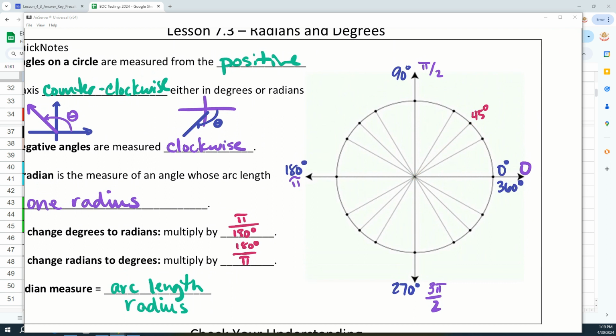So what is that going to be in radians? Halfway to half a pi. A quarter pi. So half of a half is a quarter. I really need you guys to know that. If you ever want to cook, you need to know that. A half of a half is a quarter.